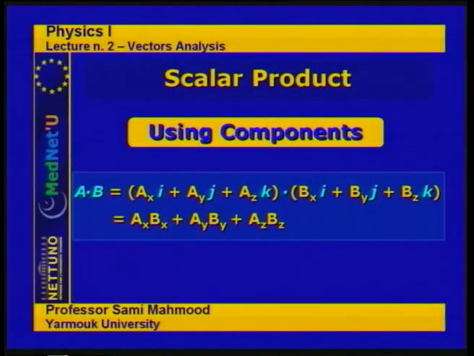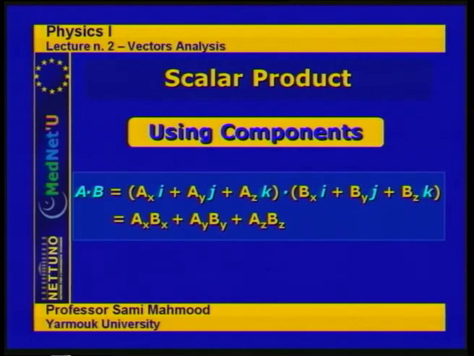If we use the component representation in the scalar product, then we write the vector A in its component form, AX i plus AY j plus AZ k, dot B in its component form, BX i plus BY j plus BZ k.